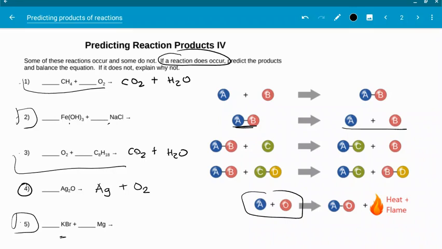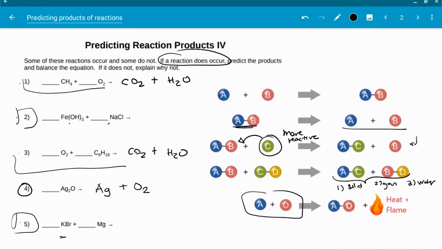In the single replacement reaction, the element that is on its own has to be more reactive than the element that it is replacing. And in the double replacement reaction, we have to know if one of the combinations is going to be either a precipitate or a gas or the formation of water. If none of those occur, then the reaction does not take place.